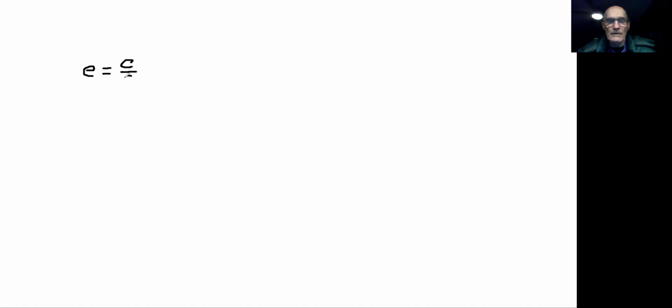Now, if you remember from yesterday, when we look at the ellipse, C is the distance from the center to the focus, and A is the distance from the center along the major axis to the vertex.